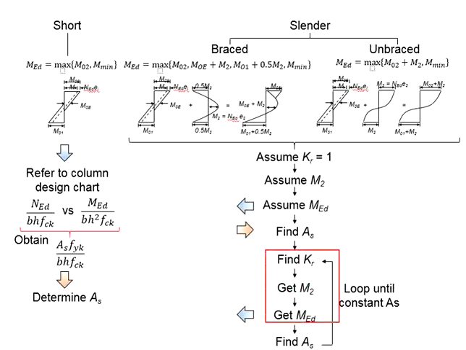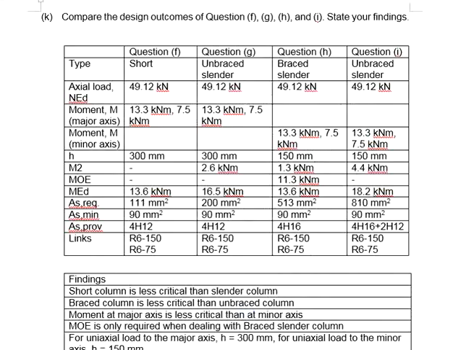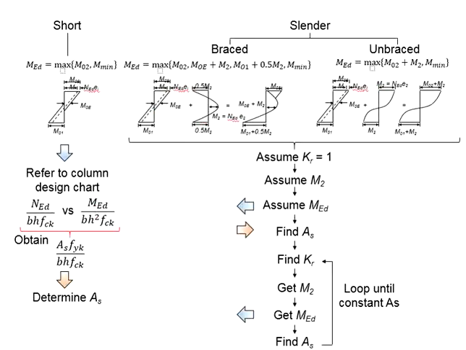Therefore, no matter how many times you loop, it will still end up with the same MED and also the same AS. This brings you another idea: when you see relatively high loading acting on the column, with respect to the cross-sectional area of the column, you might expect some looping process here.